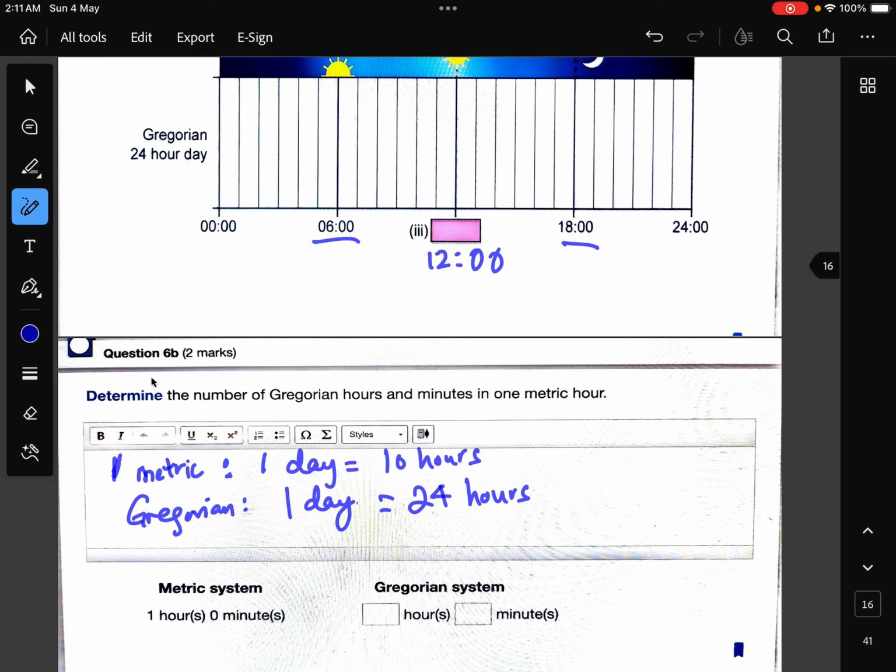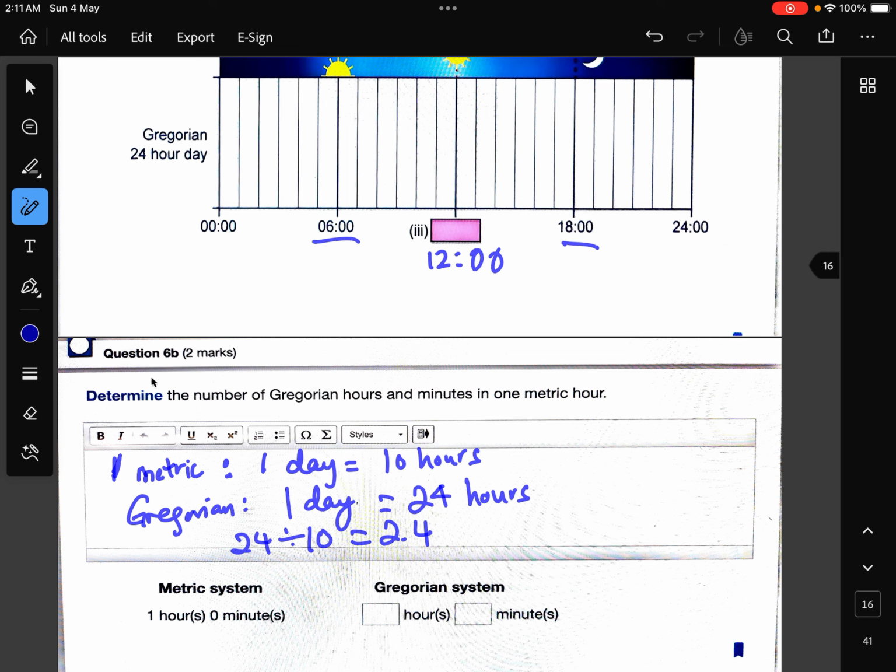Since we know that for 1 metric day, you're going to get 10 hours, for 1 metric hour you're going to take 24 divided by 10. That's going to give me 2.4 Gregorian hours. So we just need to convert 0.4 hours into minutes.